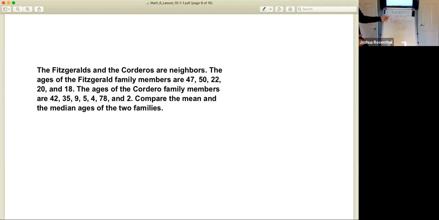If you look at all the young people here, the very young people, they have very young members, and they have some older people and one much older, right? But look at the Fitzgerald family. They don't have any small children. Their youngest member is 18 years old. All right? So this is an older family.